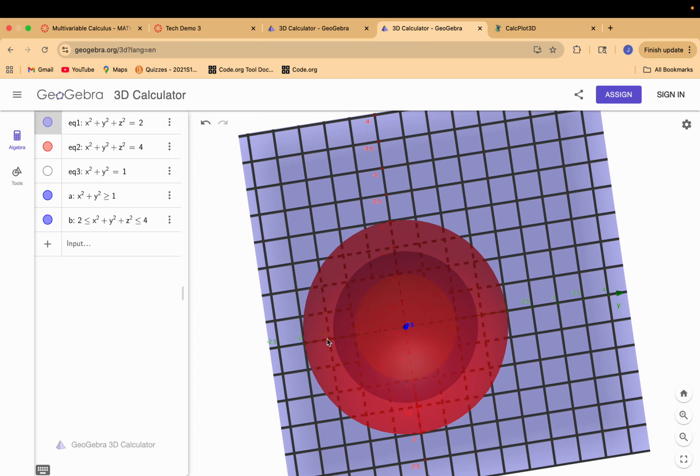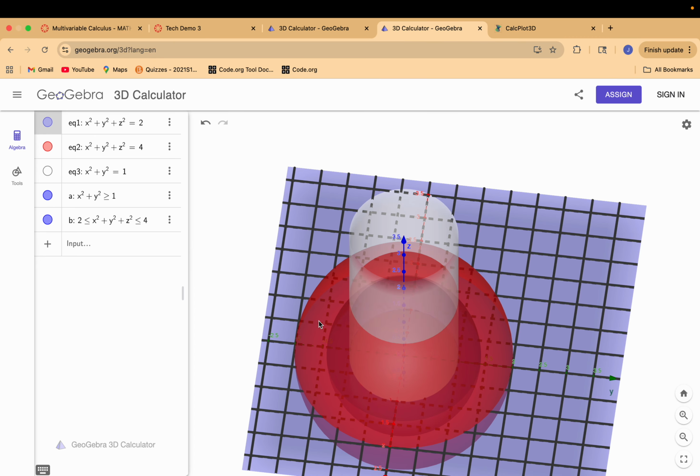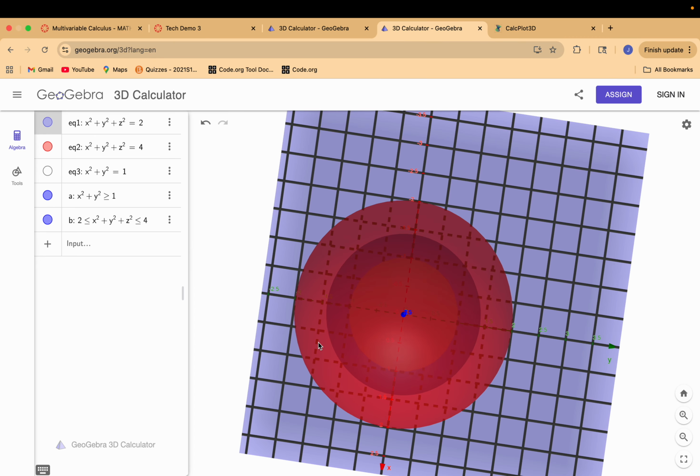And as you can see, if we look at this from the top down, you can really see the region we're looking at. So this is the hole cut by our cylinder right here. This is our first sphere right here, given by this equation. And this big circle is our outer sphere. So it kind of looks like a target.